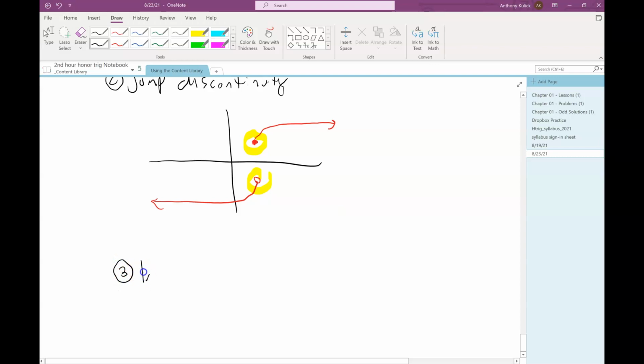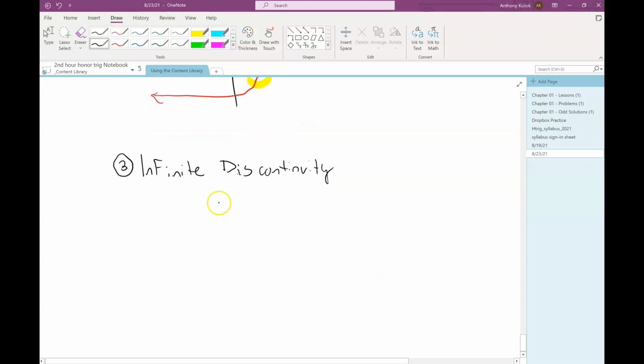And then the last kind is an infinite discontinuity. That's the one that we'd be most familiar with, because this is really just a vertical asymptote.